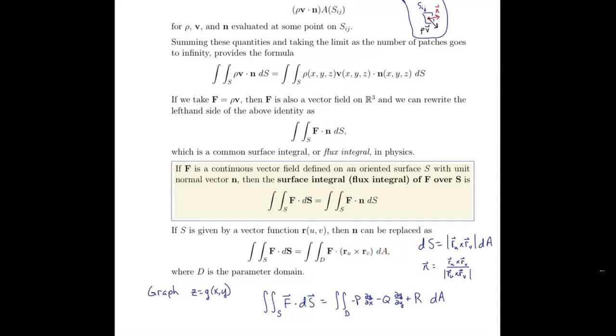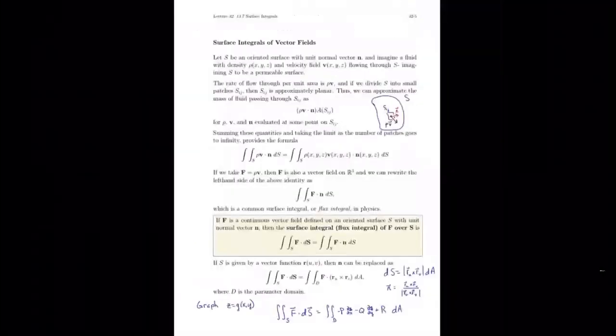And we'll get that it's F, which has components P, Q, and R, dotted with the vector negative g_x, negative g_y, 1, which is r_u cross r_v, or r_x cross r_y, however we want to think about it, dA. So this is a key formula when the surface is given in terms of a graph, z equals g of x, y, and not as a parametric surface, r of u, v. But we've got either one in case we need it.